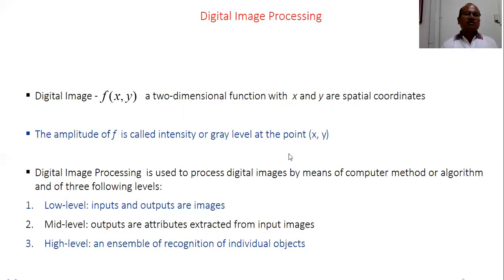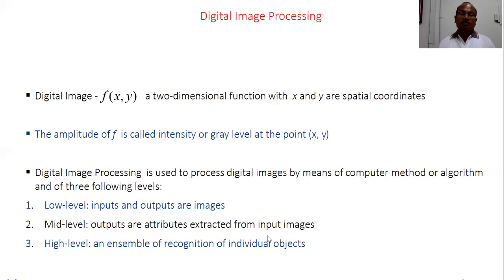The first one is low level image processing. In low level image processing, you can see that the input and output both are images. Whereas middle level outputs are attributes extracted from input images. So images are input and outputs are extracted features or attributes. Whereas in high level, an assemblage of recognition of individual objects.